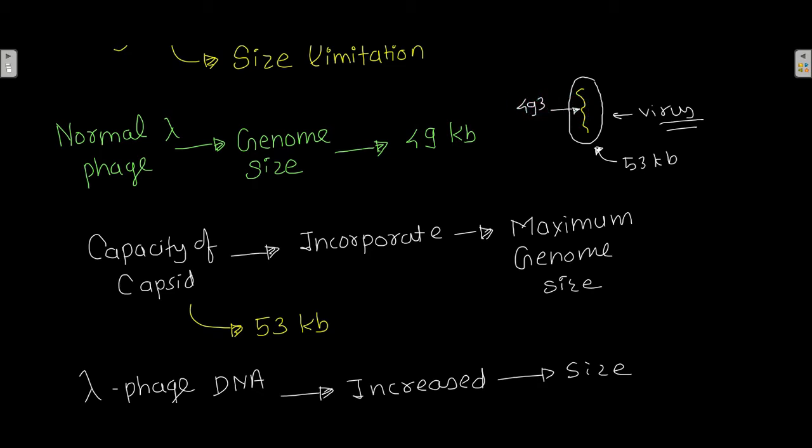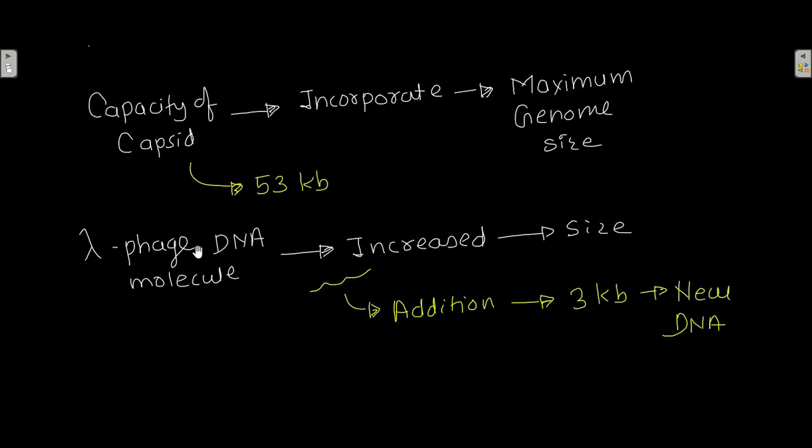So you get only about 4 kb, which means the lambda phage DNA molecule can be increased in size by the addition of only about 3 kb of new DNA. So your target DNA can be only 3 kb, which is quite small. That's the problem while using viruses as cloning vectors.